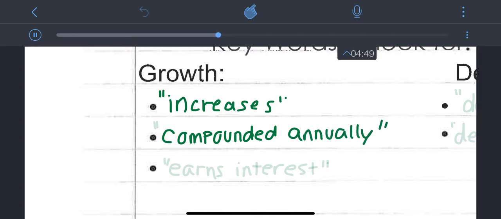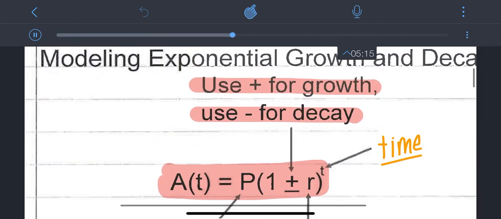That is used in terms of investing money. You earn a certain amount compounded annually. That will be exponential growth. And you'll also see earns interest. So these are different phrases to look out for that will tell you to use the plus sign in our equation.